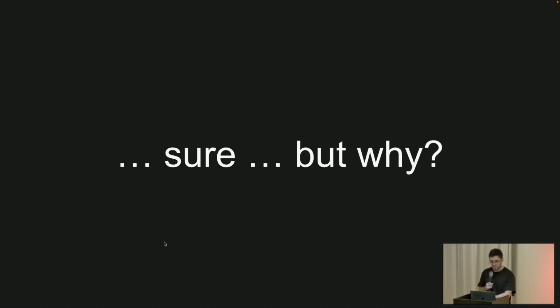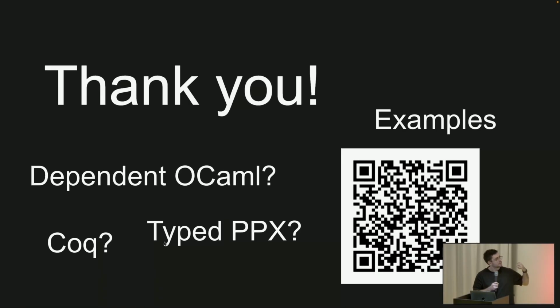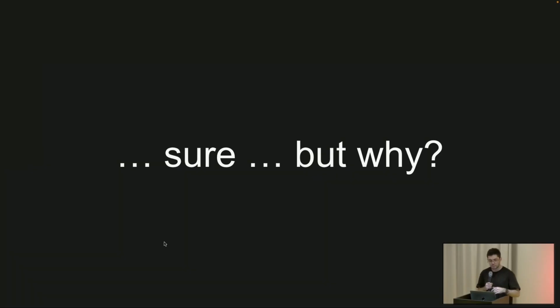But remember that I mentioned that it could be computer generated. Right now it's not. To make it computer generated, we would need either to make the OCaml typer more powerful, and good luck on that, or we could make a PPX, but the problem is we do not have types on PPX, so that becomes messy.